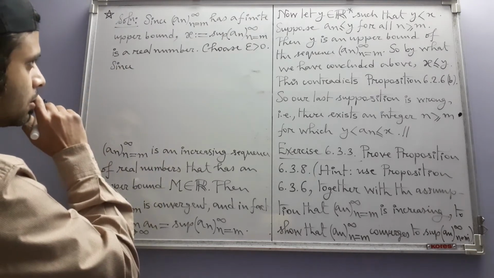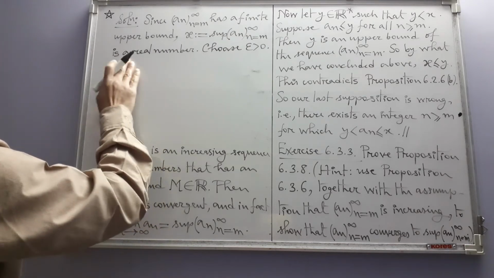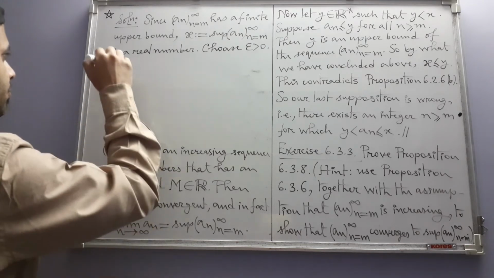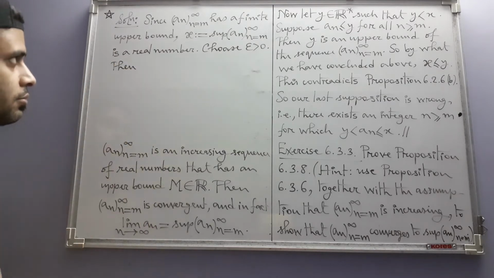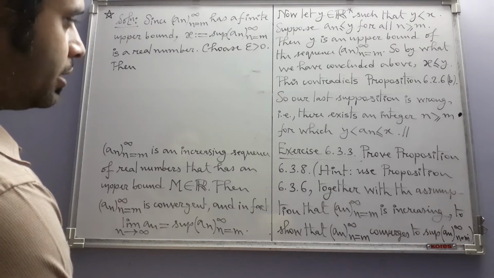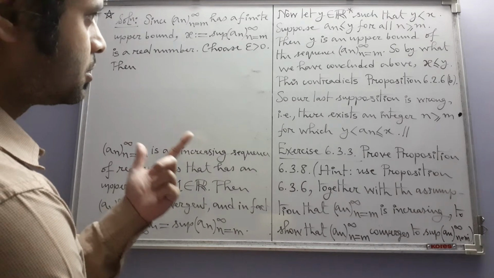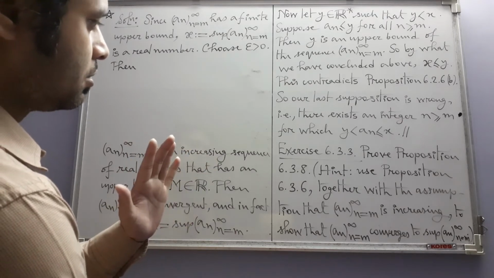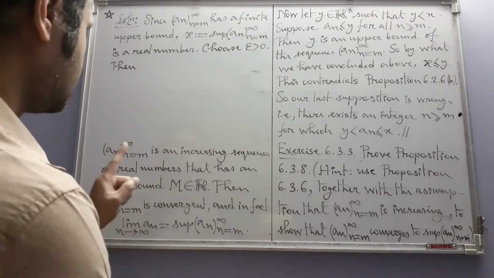Do we need to again write this, because we have just now written that x is the supremum? Then by proposition 6.3, this one is 6.3.8, so that one was what? 6.3.6.